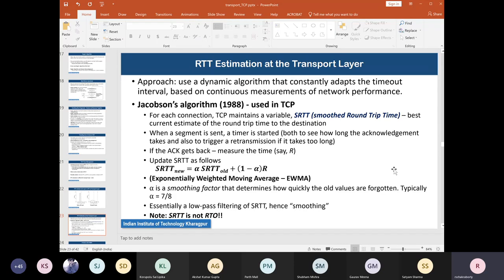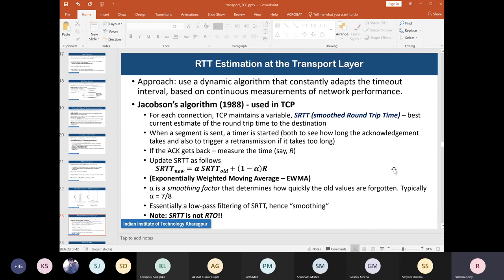In 1988, a scientist called Van Jacobson, very famous in this domain, came up with certain schemes to estimate this. He wrote a very famous, influential paper. You can search for the Jacobson 1988 paper on RTT estimation, and you will still get it.